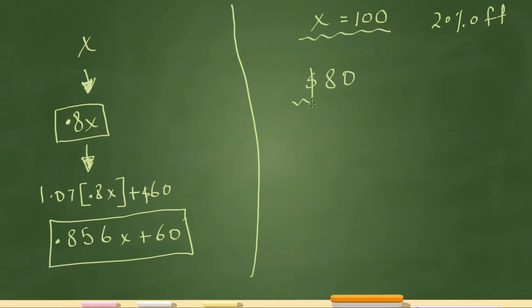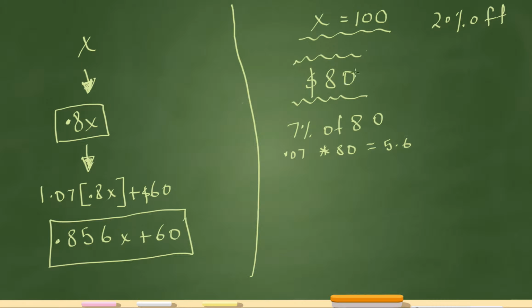Now, if the price is $80 after the discount, I have to pay a 7% tax. So what I'm going to do is calculate 7% of 80. 7% is 0.07, and then I'm going to multiply that by 80, and that should give me 5.6. Now, this tells me what my tax will be.